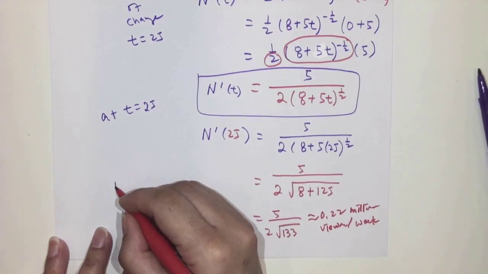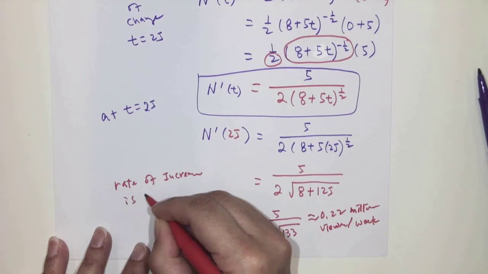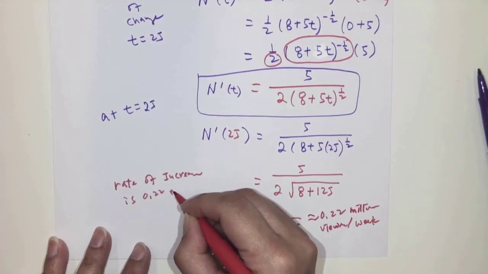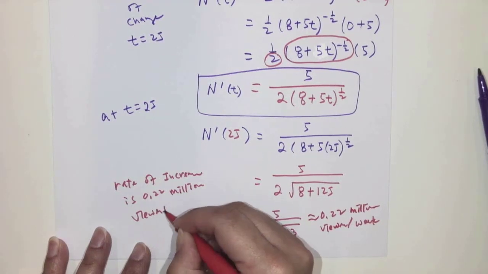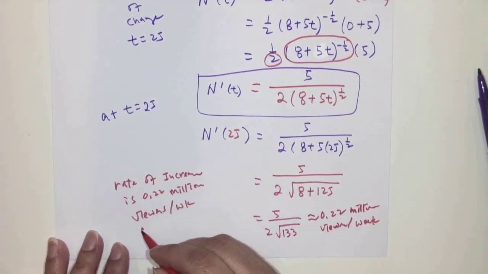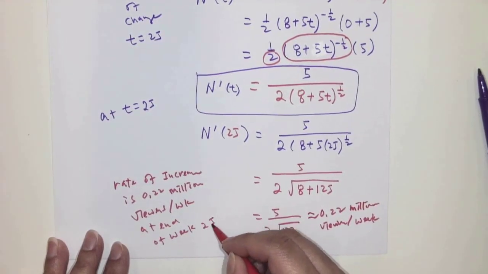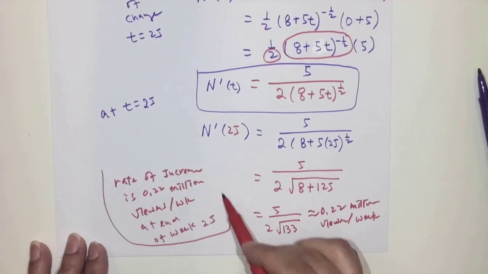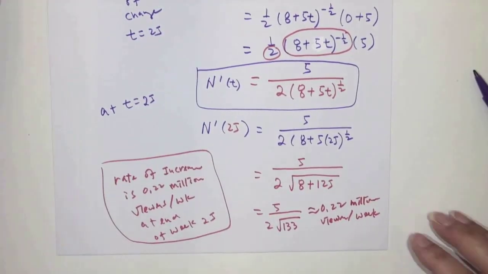So the rate of increase is 0.22 million viewers per week at the end of week 25. Okay, because when you take the derivative, it represents the rate of change. All right, so that's number 14.